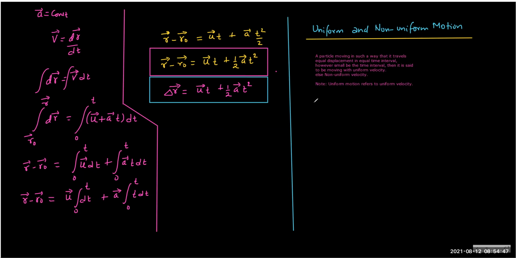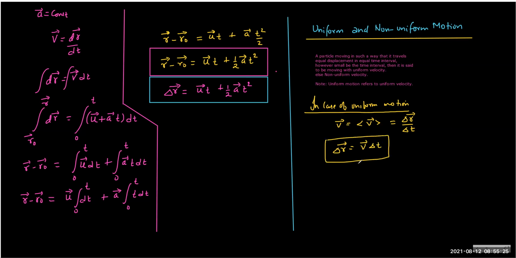Because motion is uniform, the average velocity and instantaneous velocity will be the same. There is no difference. So you cannot differentiate. Both are the same. And therefore, the formula delta r by delta t will be valid, and we can also rewrite delta r as v delta t, directly.